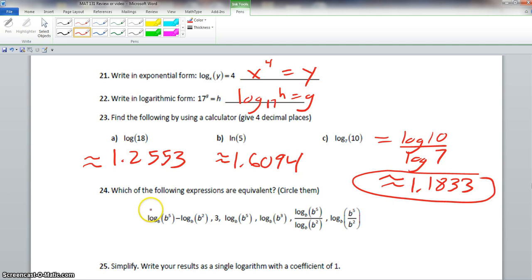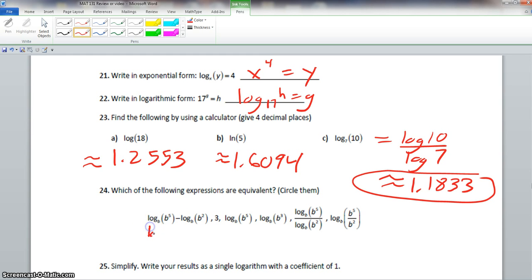Now we come to 24. It says, which of the following expressions are equivalent? Circle them. Now, first thing we have to do is take a look at each one of these logs and solve for them. So we have log b of b to the fifth minus log b of b to the second.